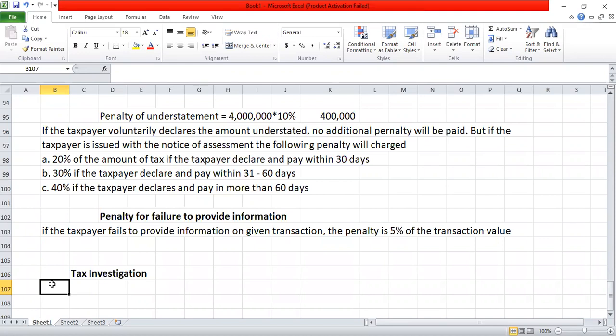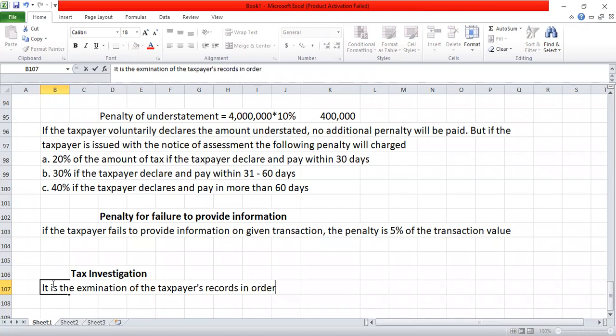So we can say that it is the examination of the taxpayers' records in order to verify the accuracy of information.